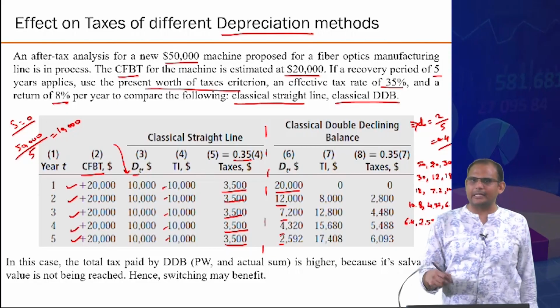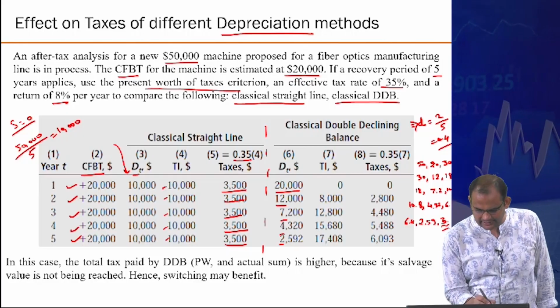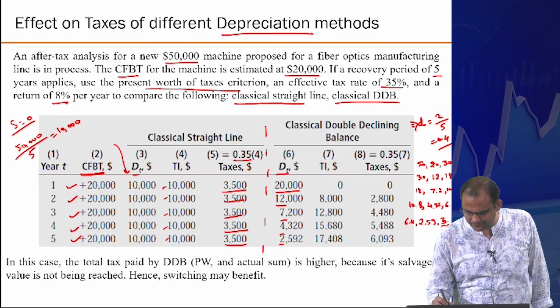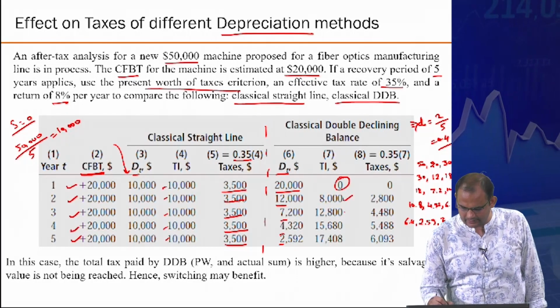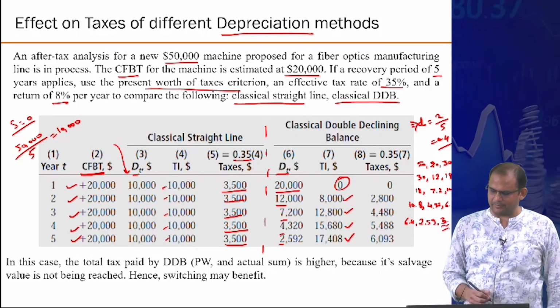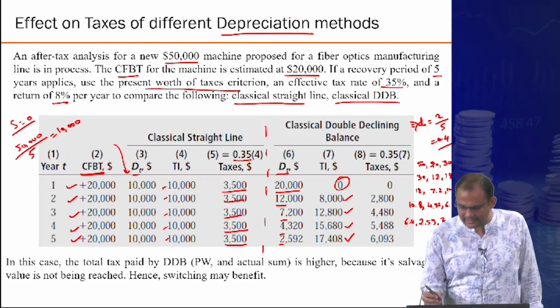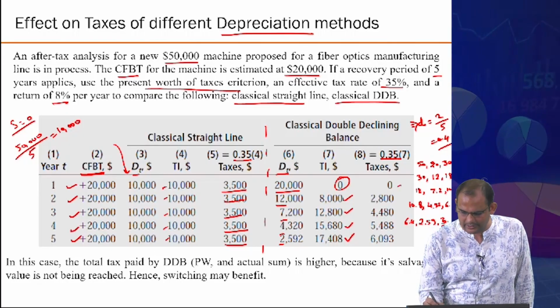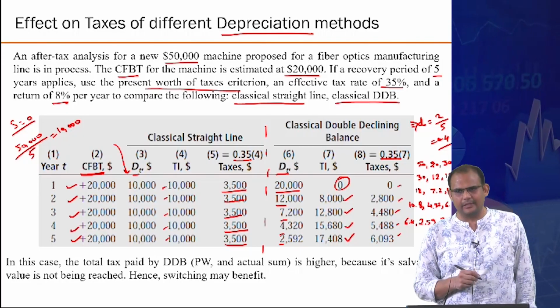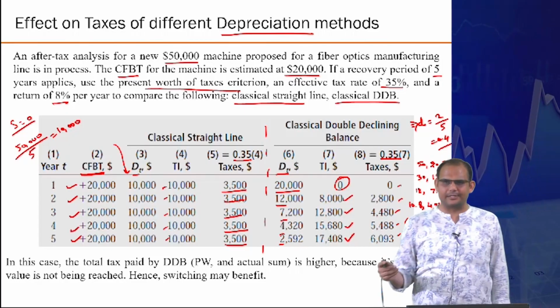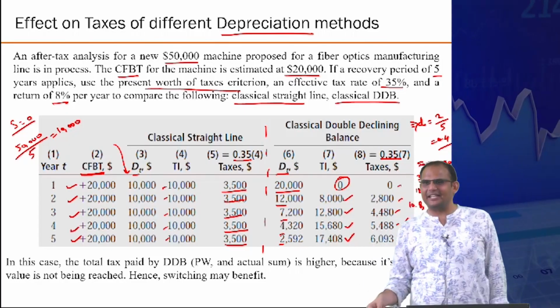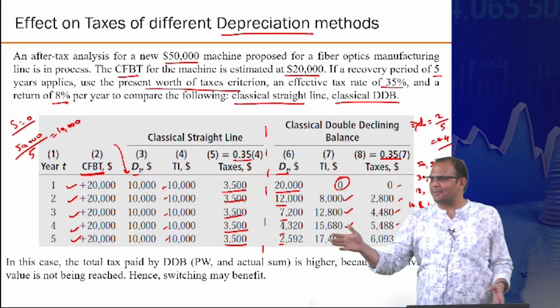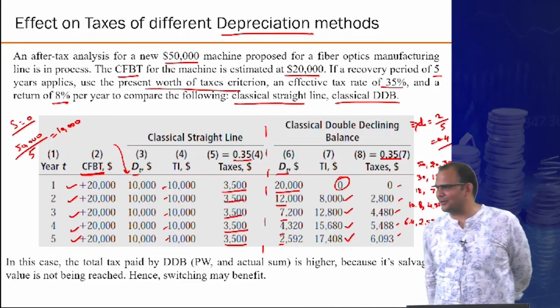So, taxable income is essentially what? CFBT minus DT, first year 0 and then this much amount. On that, the taxes that you pay is 35% of the taxable income. So, that comes out to be this one. Where are you paying more taxes? I have been telling you so far that the DDB method is better, but you are paying more taxes.